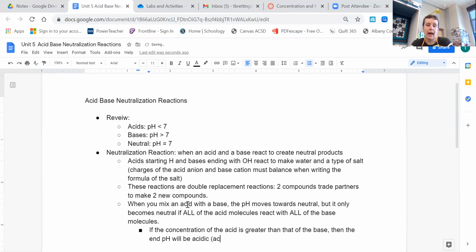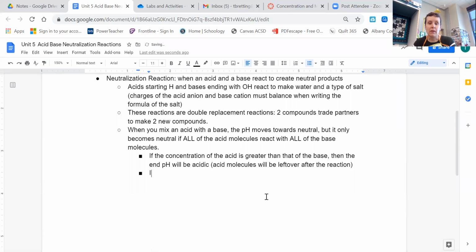Okay, acid molecules will be left over after the reaction. So again, if you have a higher concentration of acid molecules, there's going to be more acid left over afterwards, and the ending pH will be acidic.